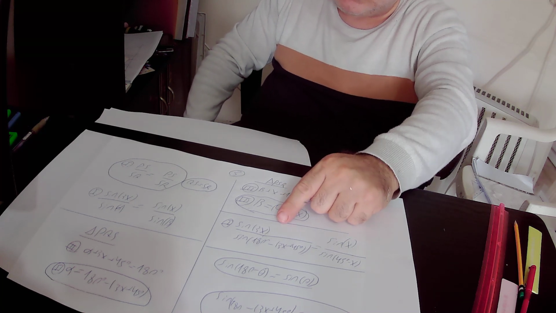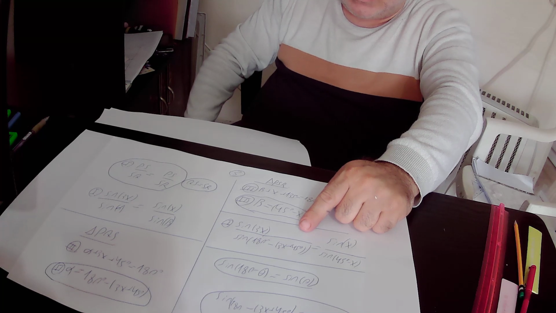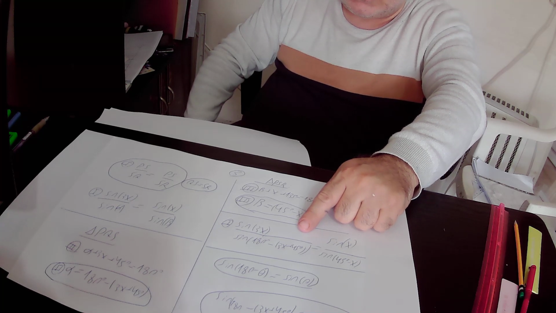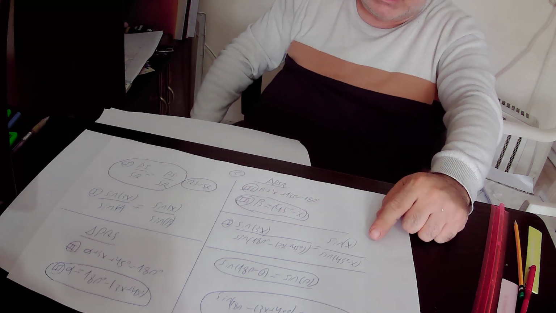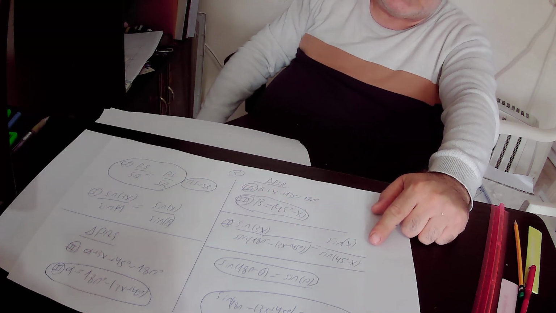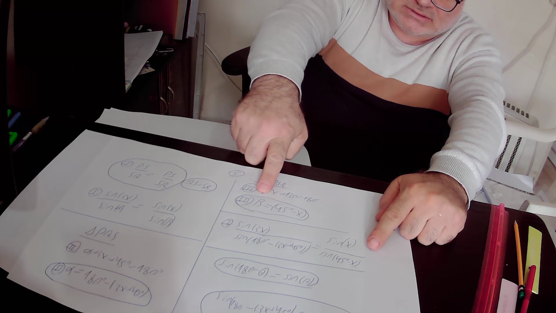So we did it here, and we got that sine 3x over sine alpha, and alpha is 180 degrees minus (3x plus 45 degrees) according to equation number 2, equals sine x over sine beta, and beta, according to equation number 3, equals 45 degrees minus x.